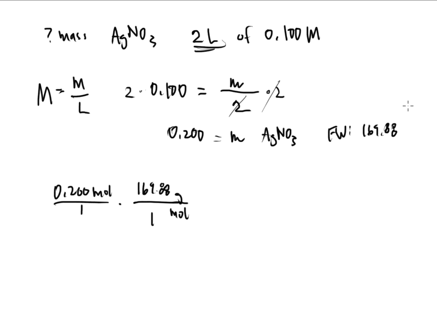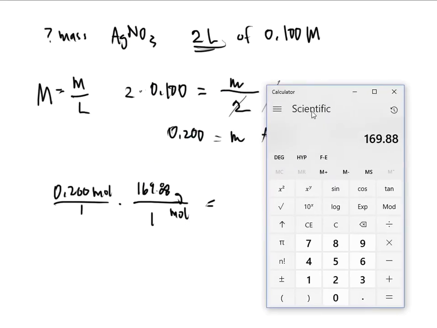Okay, so I've got my mole, brought in formula weight to try to get gram. I now need to finish out that calculation. 0.2 moles times 169.88 equals 33.976. So we're going to round this off.